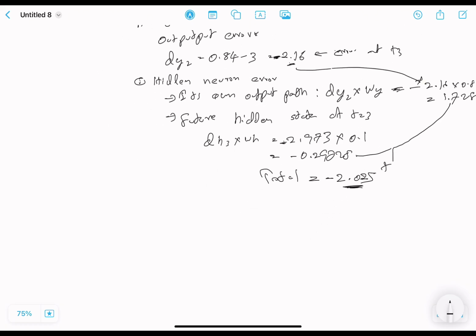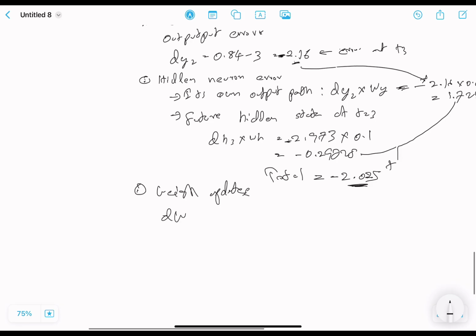Then after that we do the weight updates. Weight update: the weight of y will be 2.268.